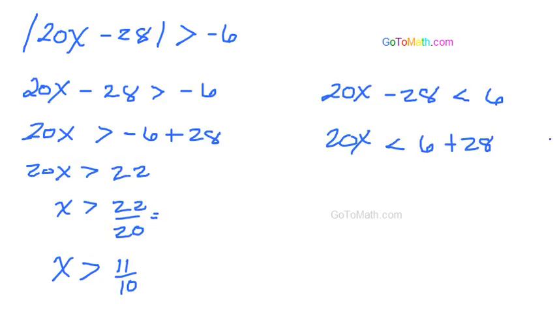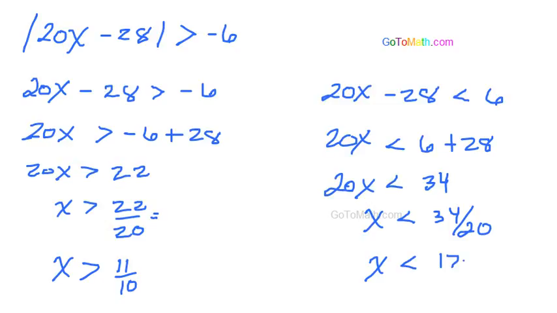So we have 28 plus 6, which is 34. So we have 20x is less than 34, and so x is less than 34 over 20, and of course that's going to reduce down to 17 over 10.